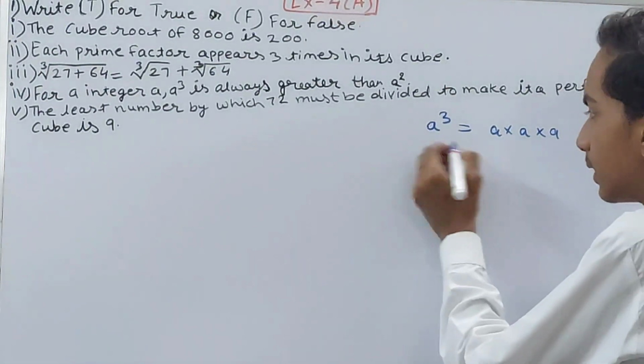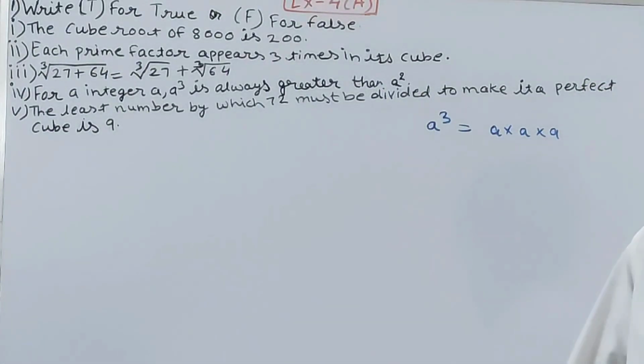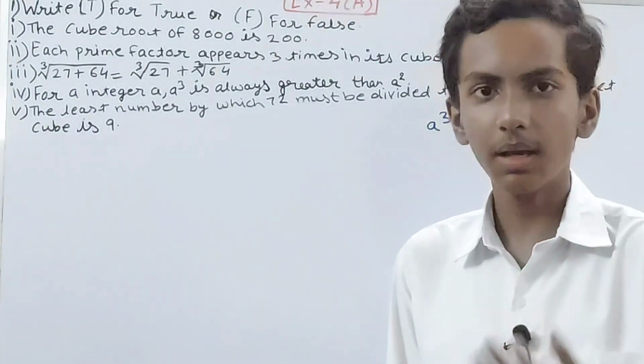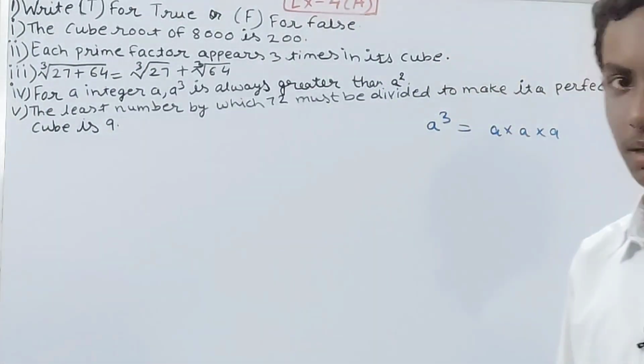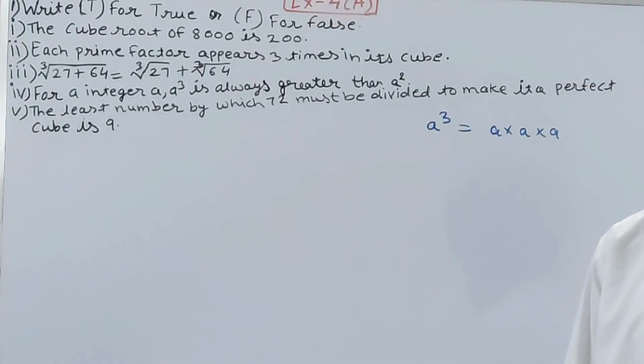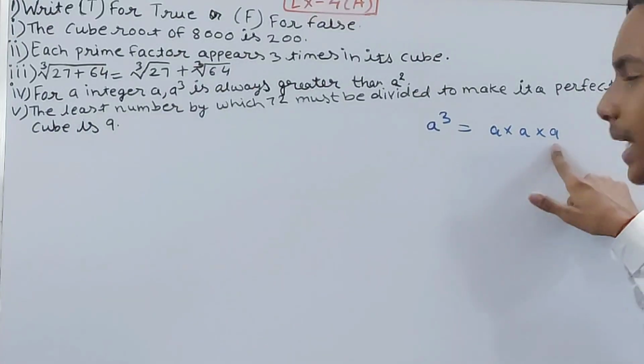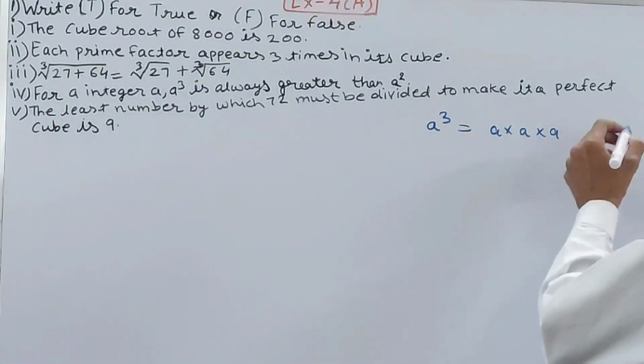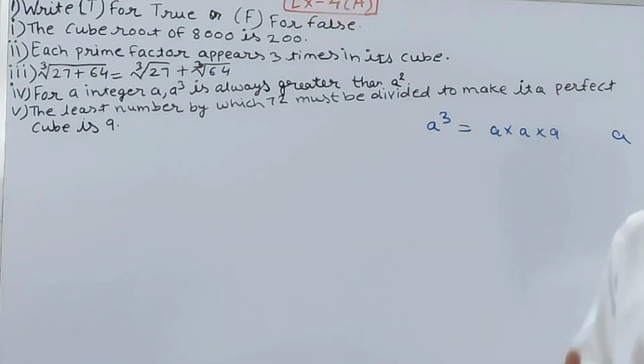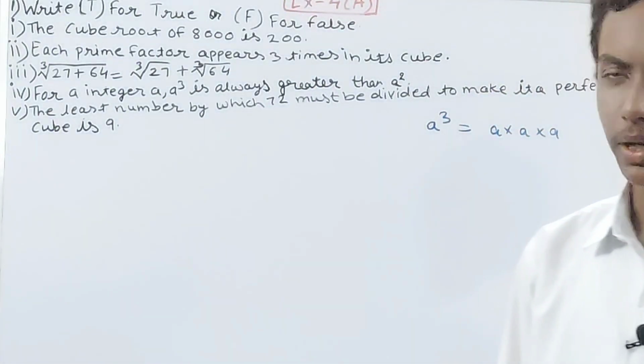The cube root is the number that should be multiplied 3 times by itself to give the desired number. So if a cube is a into a into a, then its cube root will be a, because that only we are multiplying 3 times. It's just like square root.